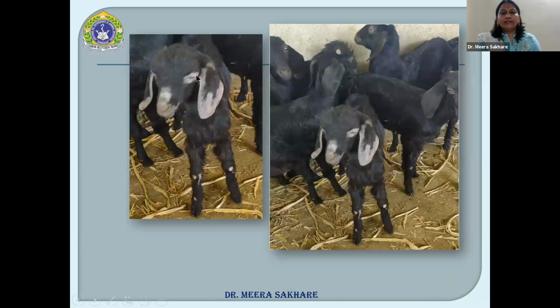Here is a photograph in which we can see the rest of the kids are normal, but this kid has periocular alopecia and also crusts or alopecic lesions on the ear pinna and on the nostril. At that time we have to differentiate it from mange or ringworm, or we can supplement, considering it as copper deficiency, with oral copper sulfate.